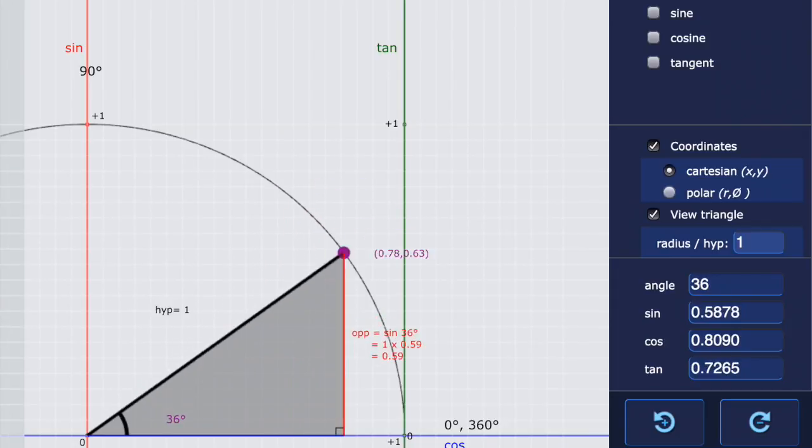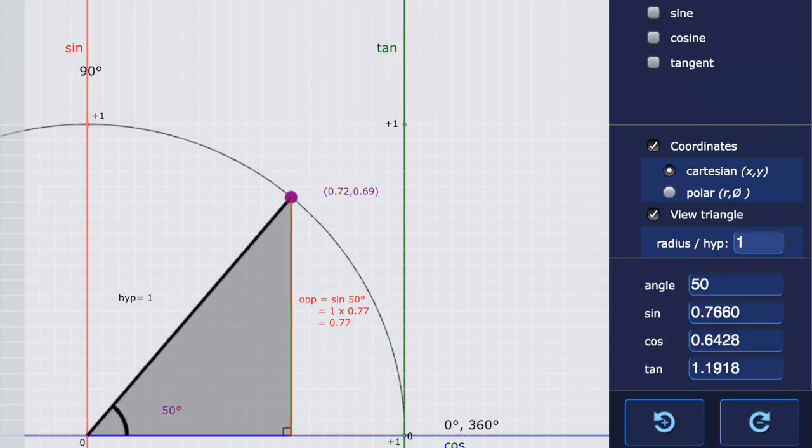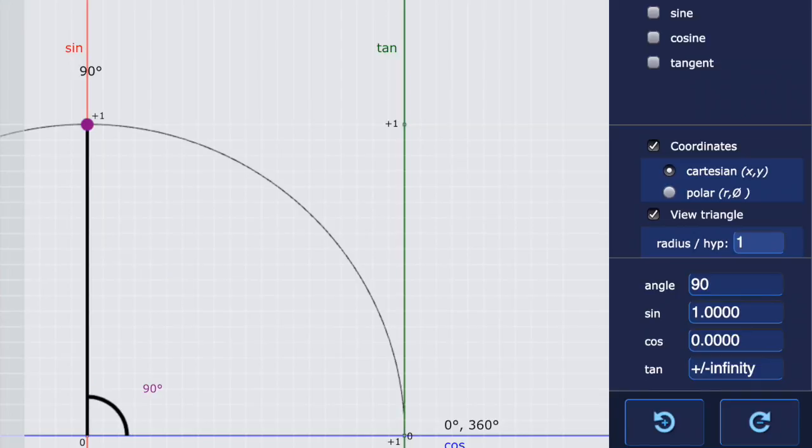Let's go up here, off the positive x-axis, we have 90 degrees. You can see on the left hand side the sine of 90 is 1 and the cosine of 90 is 0. What is that point at the top of that screen there? The point up there is the point 0, 1.